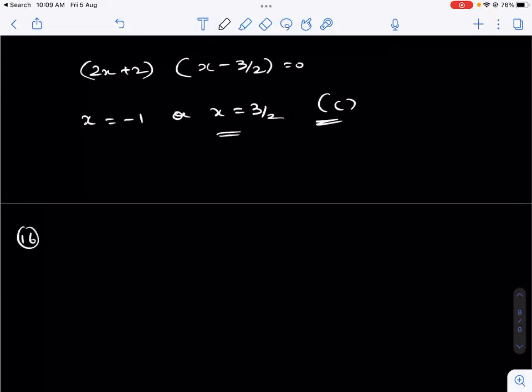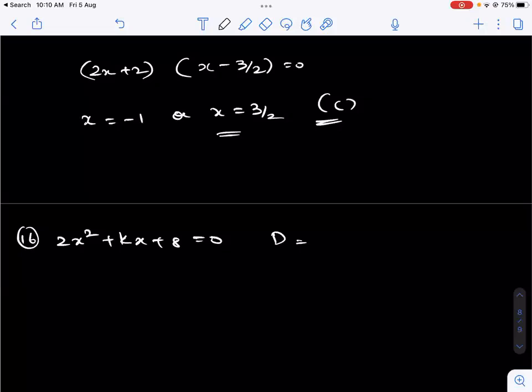Sixteenth, for what value of k does 2x square plus kx plus 8 is equal to 0 have real and equal roots? D is equal to, what should be the discriminant? What should be the value of discriminant? Greater than 0? What has been said?